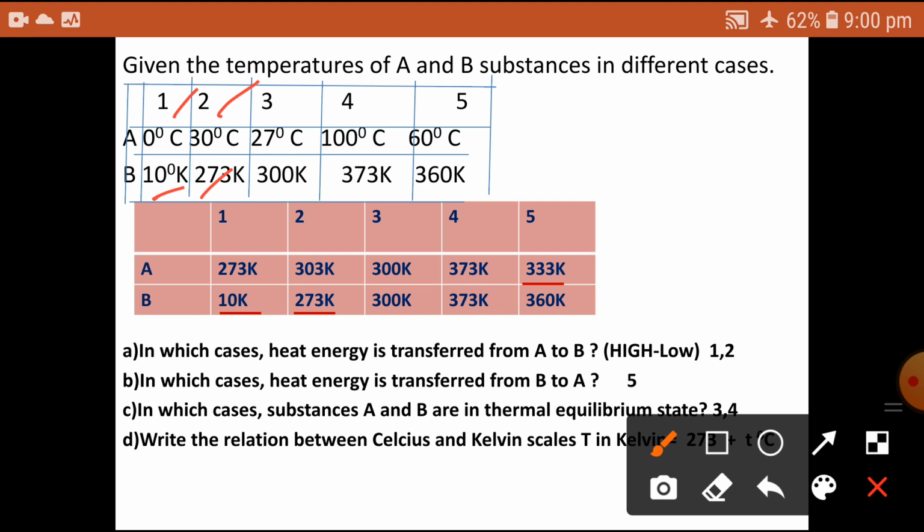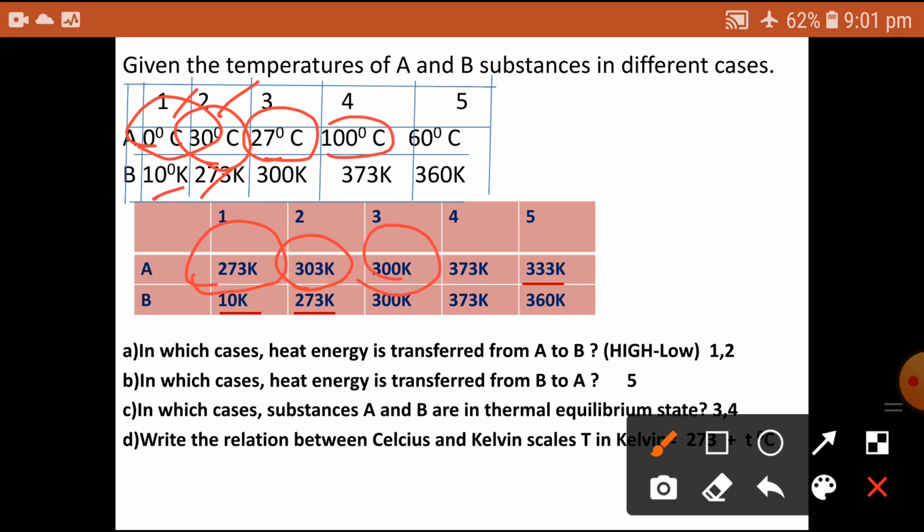So, I am converting the temperatures of substance A into Kelvin scale. Here, 0 degrees plus 273 gives rise to 273 Kelvin. And here 30 plus 273 gives rise to 303. And 27 degrees centigrade, 27 plus 273, 300 Kelvin.